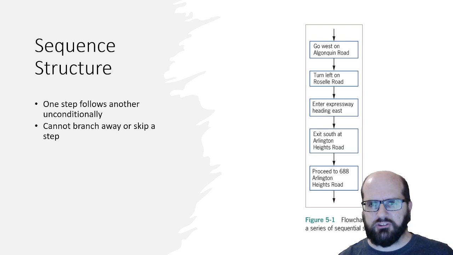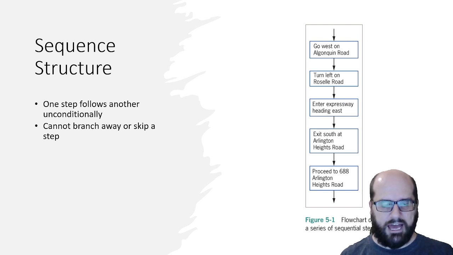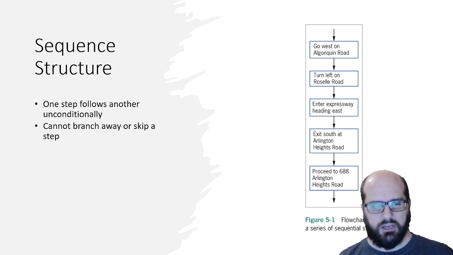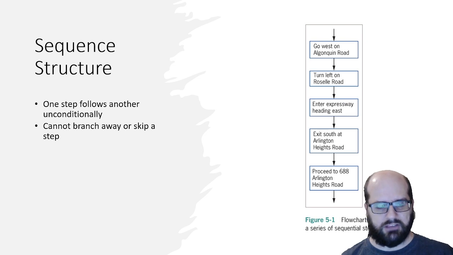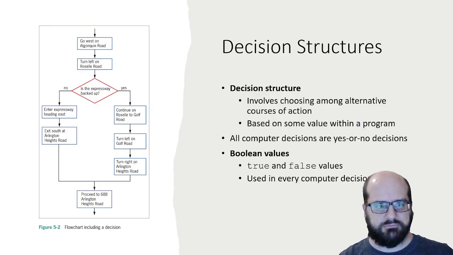In a sequence structure, one step follows another unconditionally, and you cannot branch away or skip a step. The flowchart for that is very straightforward. The flow goes from top to bottom. You're used to that in your Java programs. You run one statement, then the next statement, then the next, until the program ends. That is the standard flow of a sequence structure algorithm.